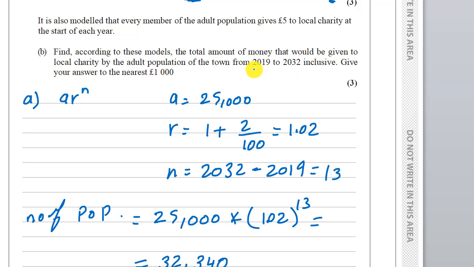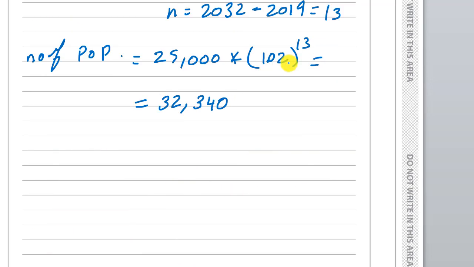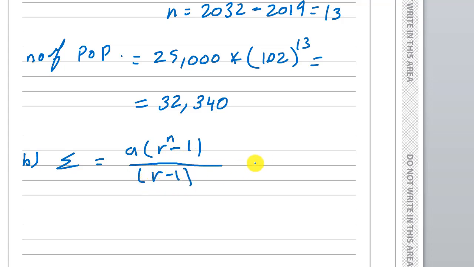So here the n now increases by 1 year. Why? Because I need the end of 2032, not the start of 2032. So to solve this part, we know that the summation is equal to a(r power n minus 1) divided by (r minus 1).